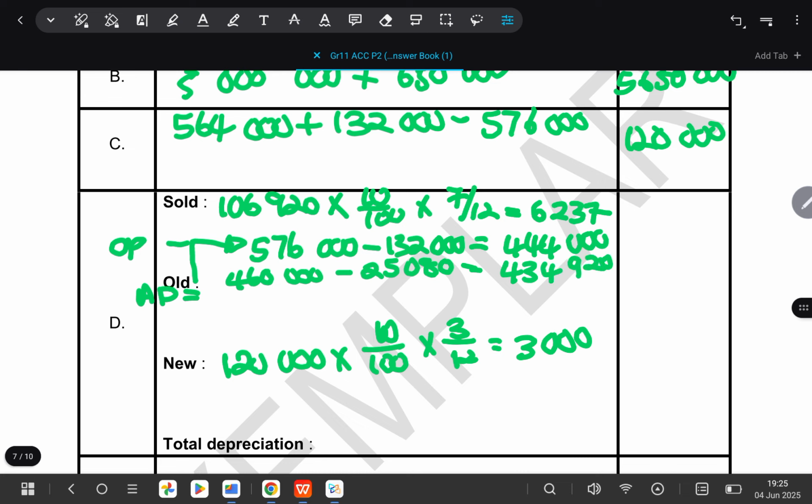After this, we get our carrying value, which is the difference between the two: 444,000 minus 434,920.